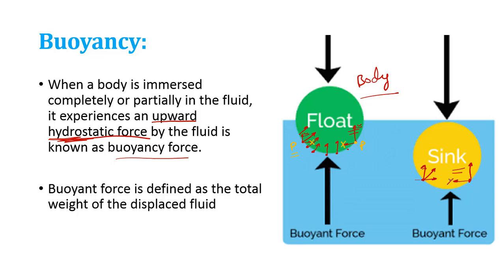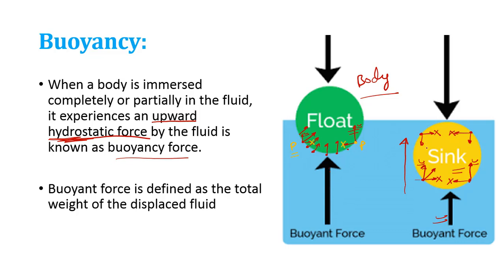Horizontal will get cancelled with each other and we will be left with only the vertical force. And when we sum these forces, there will be a net vertical force in the upward direction, which we call the buoyancy force. Similar to this point here, vertically upward, it will also experience the same forces.